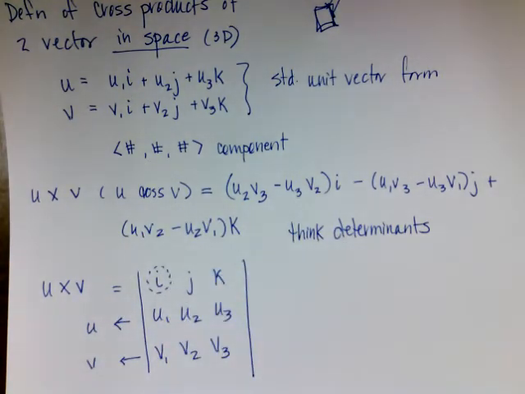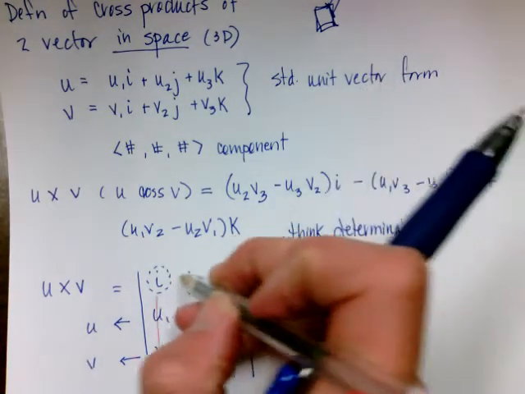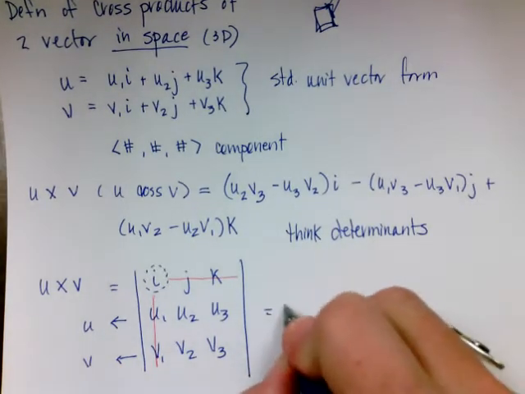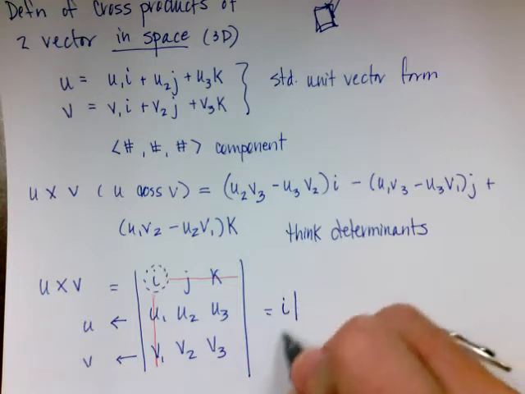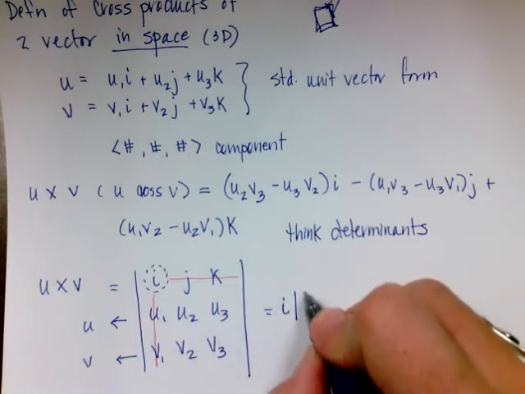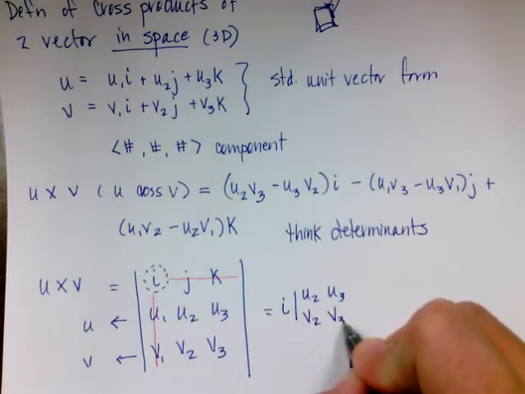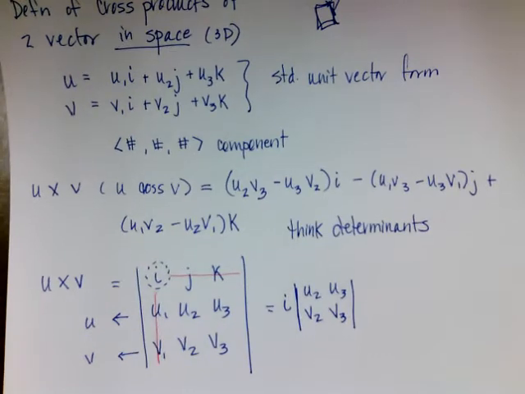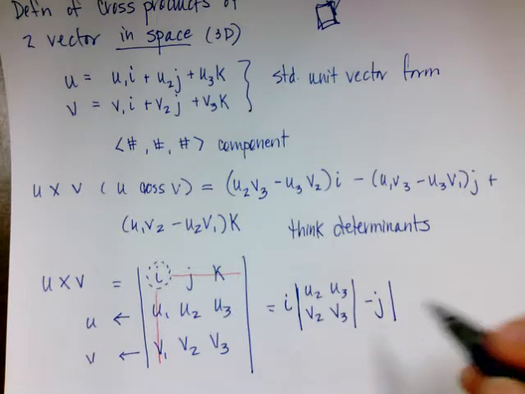Let me bring in a different colored pen just for the first one. If I want to manage the i, I'm going to eliminate that row and column. So this is going to be i times the little matrix that's left over: u2, u3, v2, and v3. And then here's j. Notice that it's a minus j.